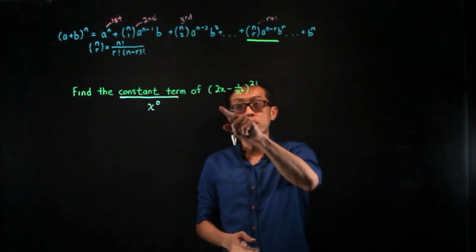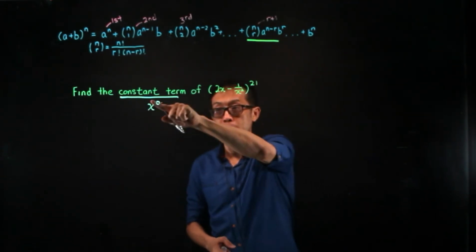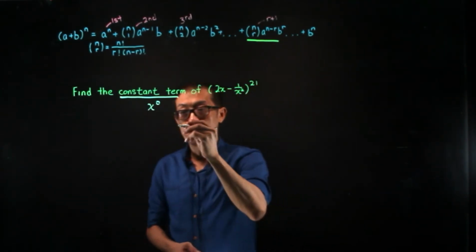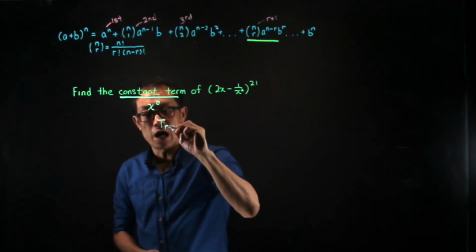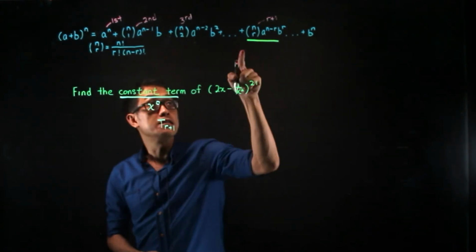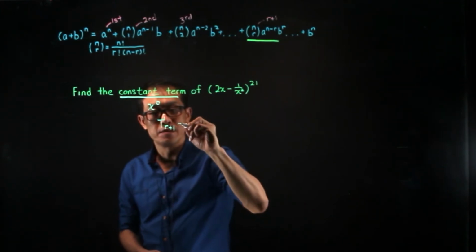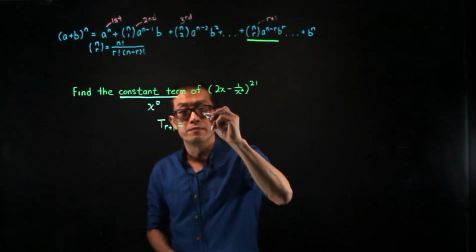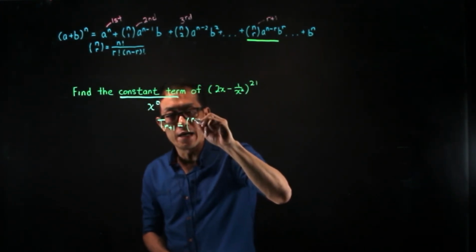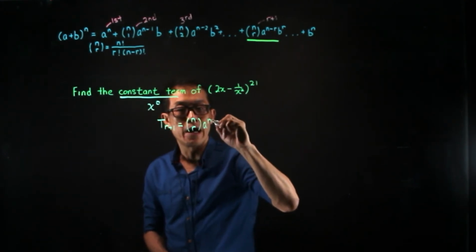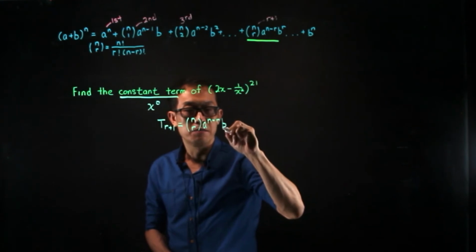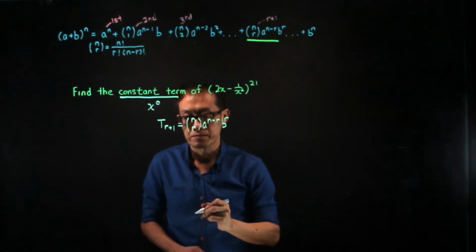Now, we are going to use the general term formula to help us in this question. So let me write down the general term formula. T(r+1). This is the general term, the r plus 1 term. So it's nCr a^(n-r) b^r.